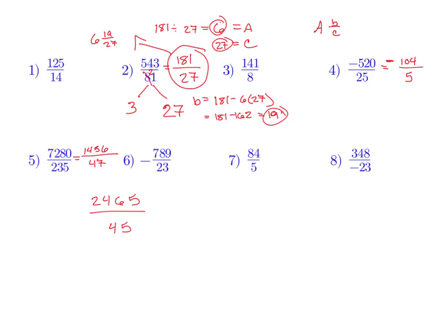I get 13. All right, so what is this as a mixed number? I'm going to have 13 over 14, because remainder over divisor, and then the whole number out front. Because remember, these look like A and then B over C.